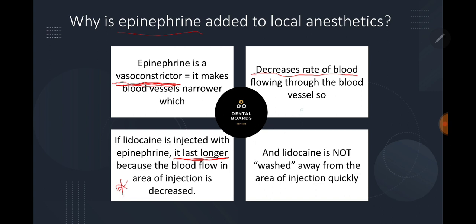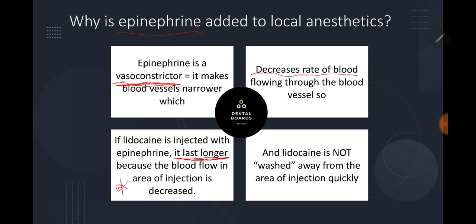Then the lidocaine, which is injected at the site, let's talk about maybe an incisor, is going to stay longer, because the blood flow has been diminished, so there's no large volume of blood coming through the area to wash away the lidocaine. You understand? I'm trying to use layman's language so that you can easily understand the concepts.